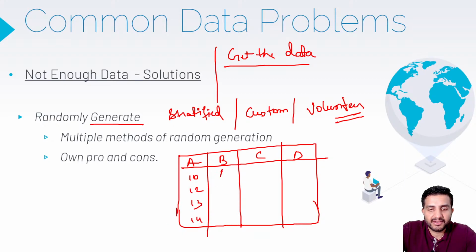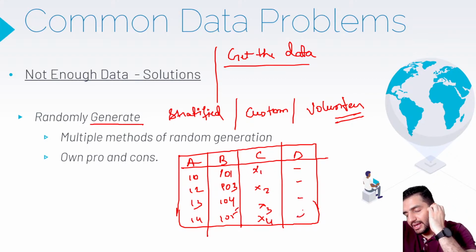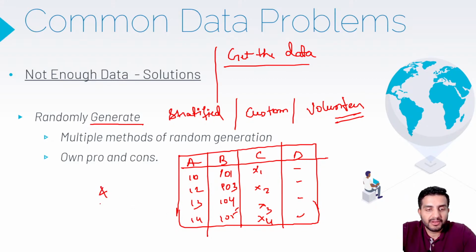And this is like 100, 1, 100, 3, 100, 4, 100, 5. And this is like, say, X1, X2, X3, X4, and something like this. Okay. Now, I only have 4 records here, 4 samples.